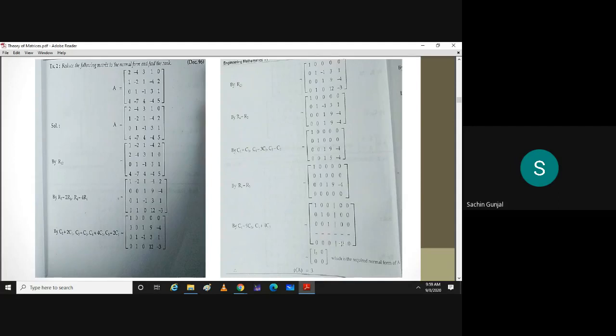Ultimately I will get an identity matrix of size 4, I4, and the rest of the entries are 0. So in that case, the rank will be 4. Is that clear? So all the non-zero elements needn't be 1.